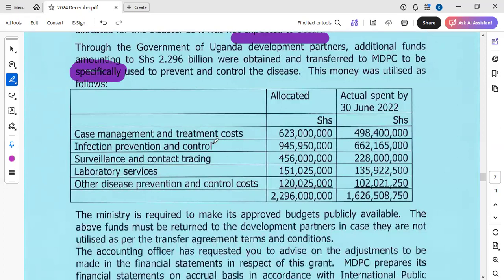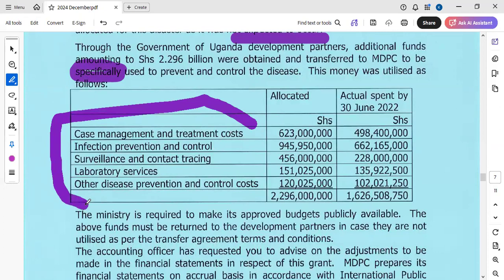You have the expenditure items. What are the expenditure items? You as an entity, you incurred money on these items. This was what was allocated.